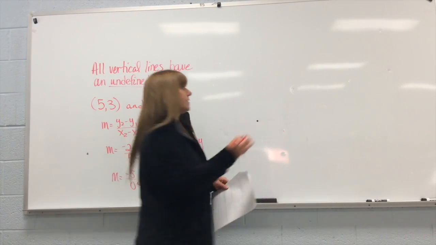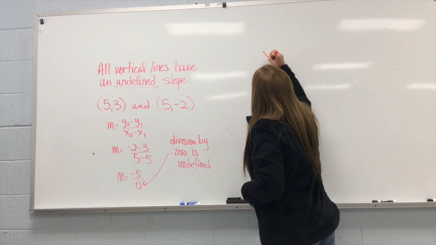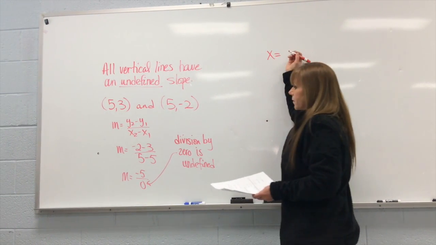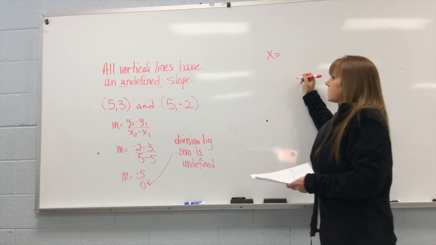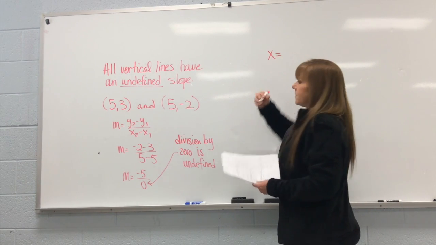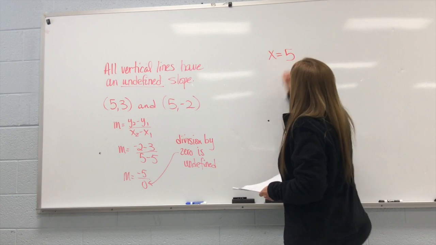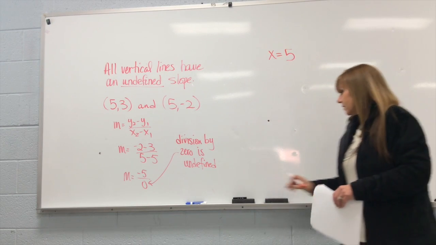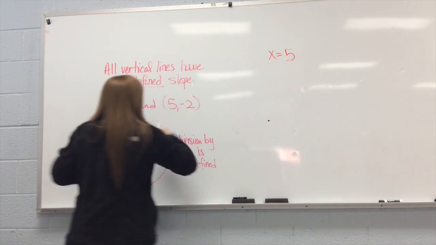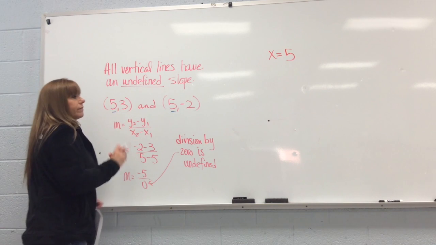And all vertical lines come in the form x equals some number. So in this case, if I wanted to give this line an equation, it would be x equals 5. Now notice here, both of my x values are 5.